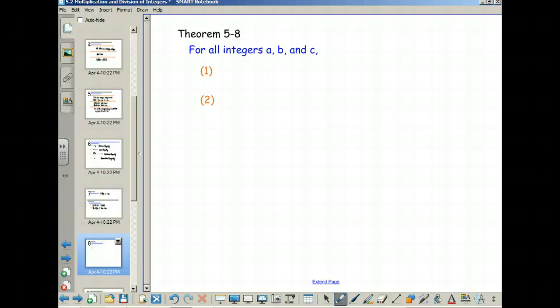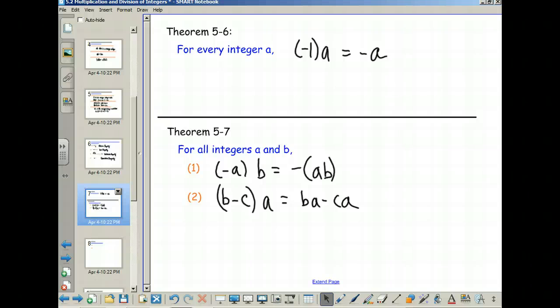Theorem 5.8. Oh, you know what? Theorem 5.8 is the one I just wrote down. Let me fix that. Let's go back and fix 5.7. I will copy these to the next screen.